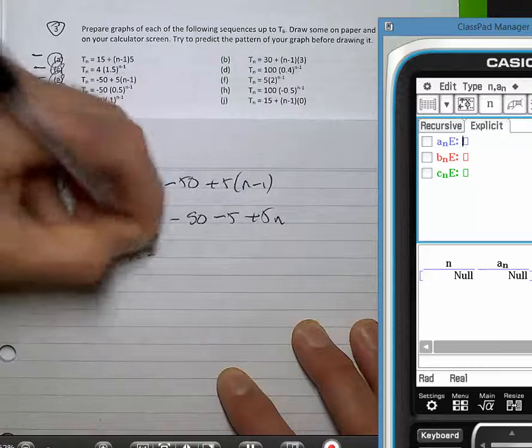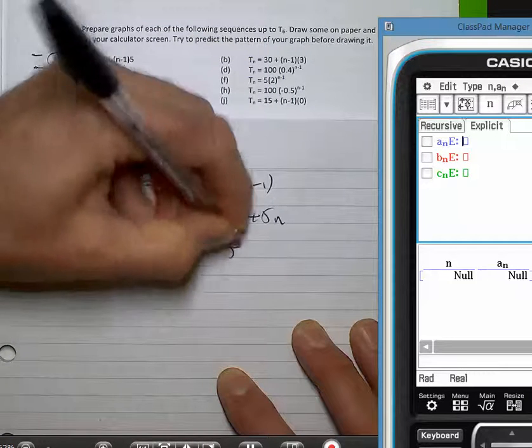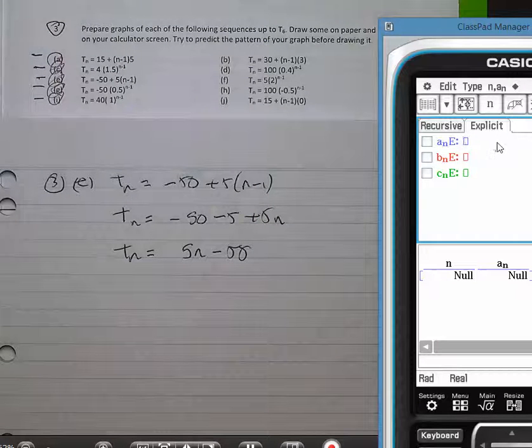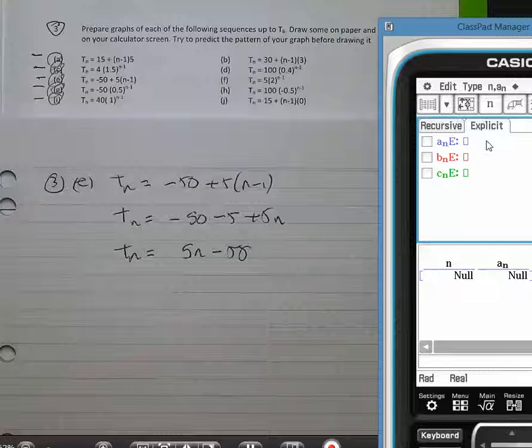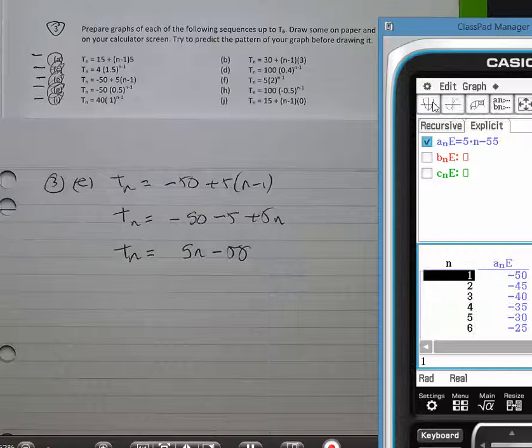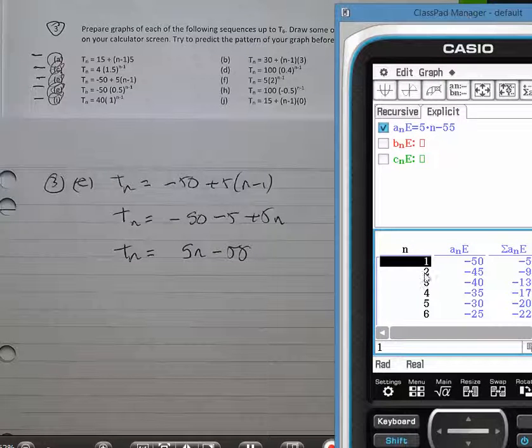So Tn is equal to 5n minus 55. Now, if I enter that on my calculator, I'll have 5n minus 55. I generate my table values, and you can see minus 50, minus 45, minus 40, minus 35, and minus 30, etc.